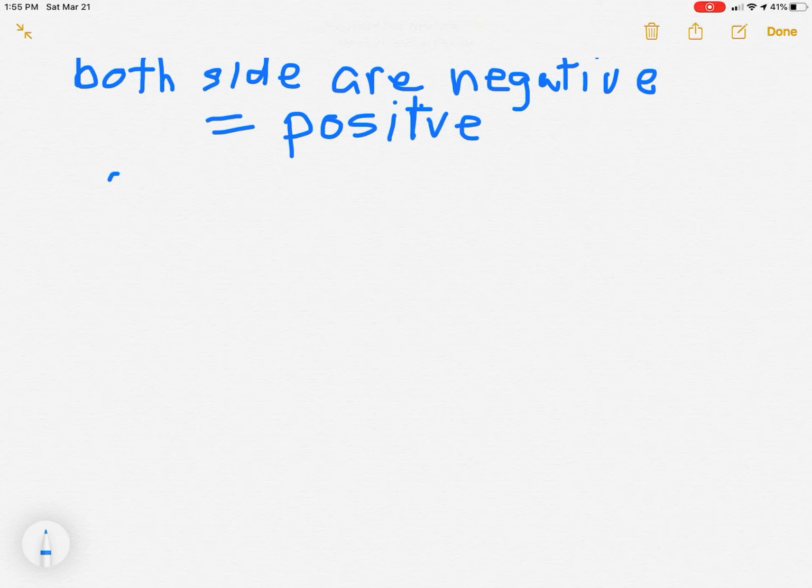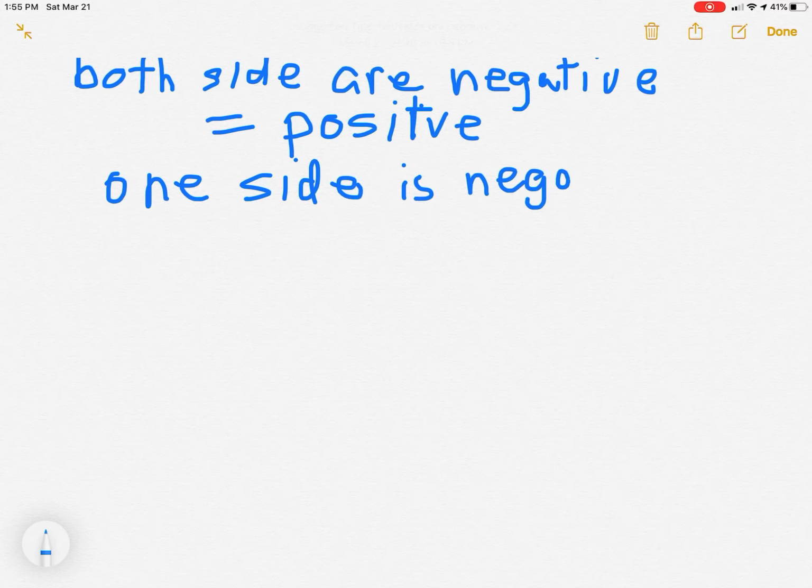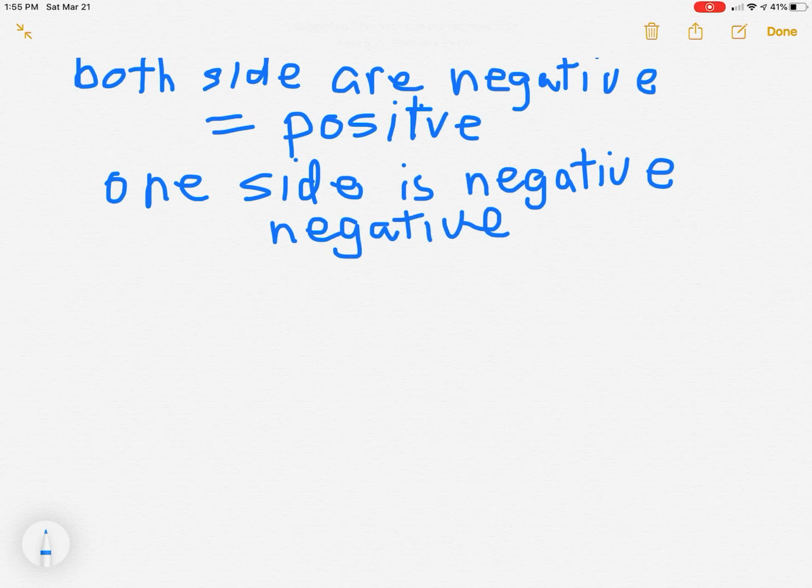If one side is negative, the answer is going to be negative. So let's see how that works. That is when it's multiplication or division.